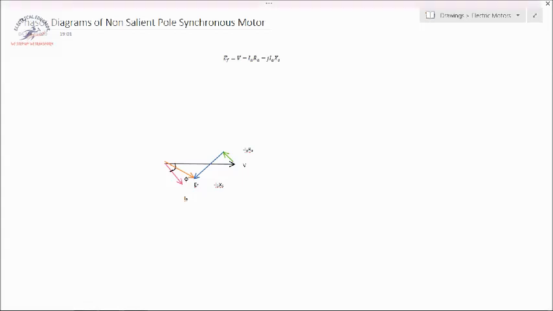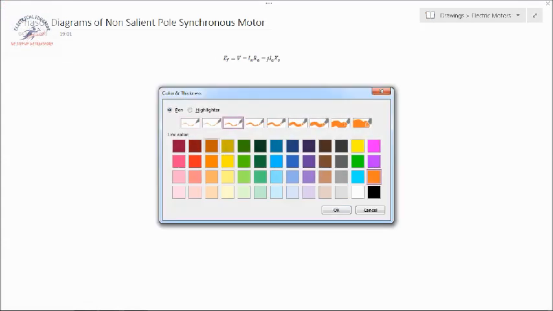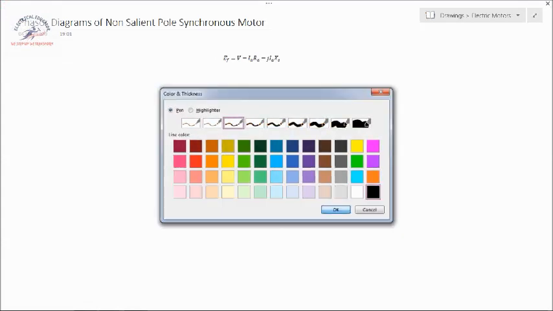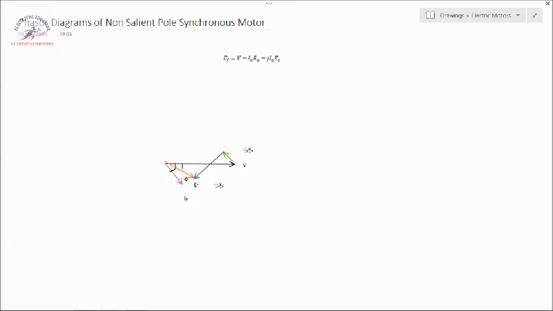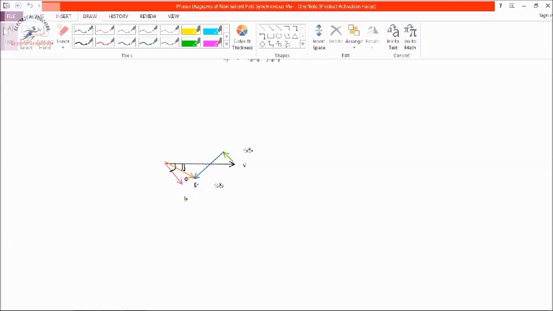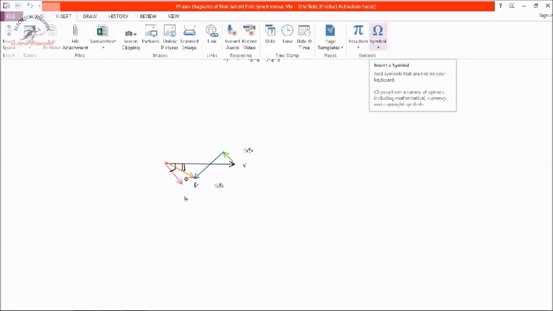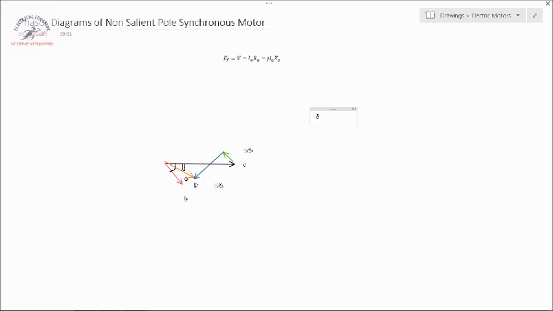The lagging of this vector EF with V, this angle is called delta. Delta is called the load angle. As the load on the synchronous motor increases, this angle will also increase. So delta is called the load angle.